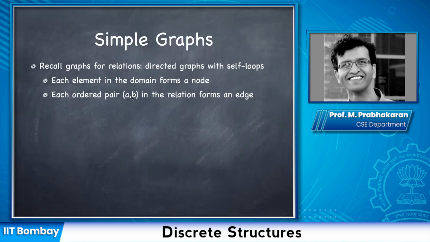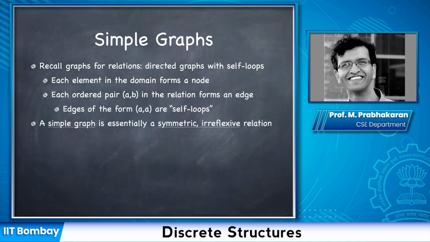They talked about ordered pairs of this form, AB, to say that A is related to B. Whereas now we are only talking about the set AB, or the unordered pair AB.